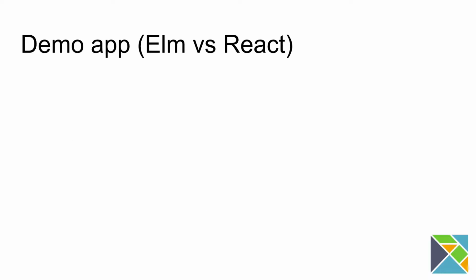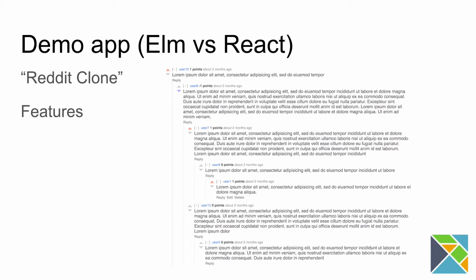And about the demo app I mentioned earlier, I was comparing Elm with React as a kind of Reddit clone app. The main features were just to test some more complex rendering. So here is a nested rendering of the same component.